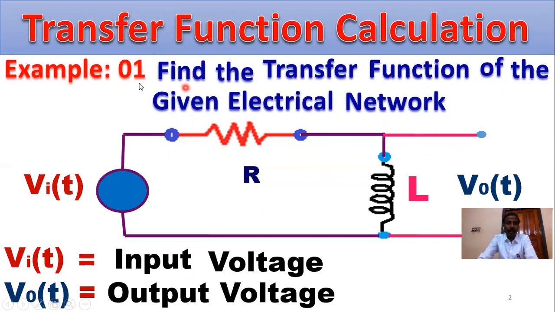So this is our example 1: an RL network where Vi(t) is the input voltage and Vo(t) is the output voltage. Calculate the transfer function, that means Vo(t) by Vi(t), or the Laplace transform of Vo(t) divided by the Laplace transform of Vi(t), with all initial conditions zero.